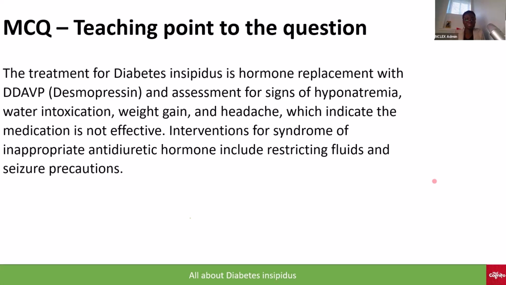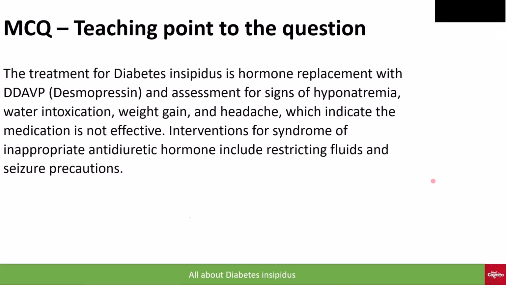Interventions for syndrome of inappropriate antidiuretic hormone include restricting fluids and seizure precautions. Great. So the other wrong answers were for SIADH, which is more like a rival of diabetes insipidus. We'll dive a bit into it before we end our session, so you can understand that a bit.